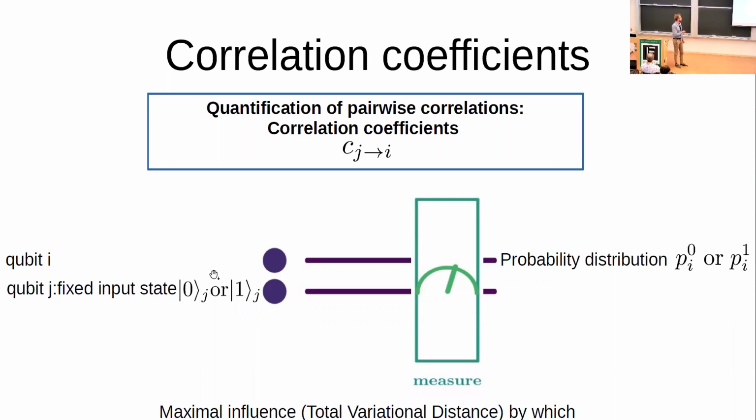So really I have two marginal probability distributions corresponding to two different input states on qubit j, and I quantify how different they are. This tells me what is the influence of the input state of qubit j on the measurement outcomes that I see on qubit i.